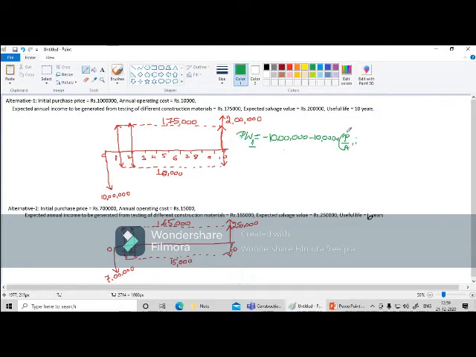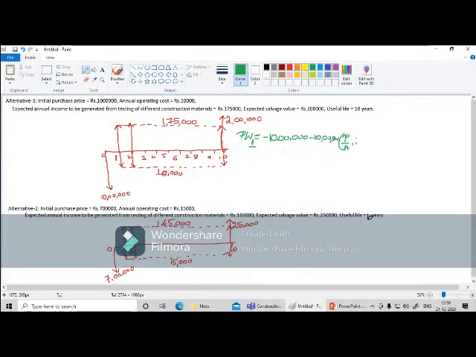Remember always, for whichever worth we are going to convert to, it will be in the numerator. Whichever value is given, here the annual, will be in the denominator. So this 10,000 is in annual worth, and I am going to convert it to present worth.